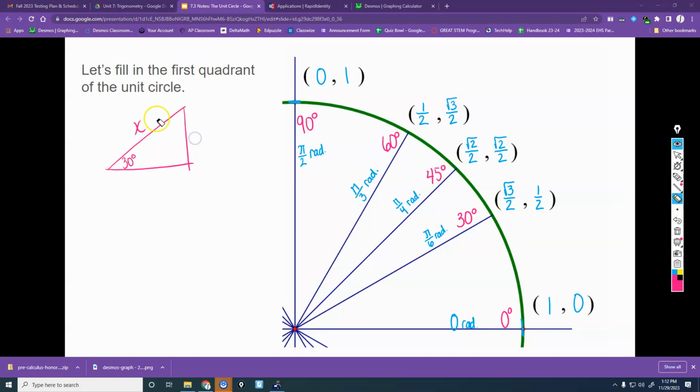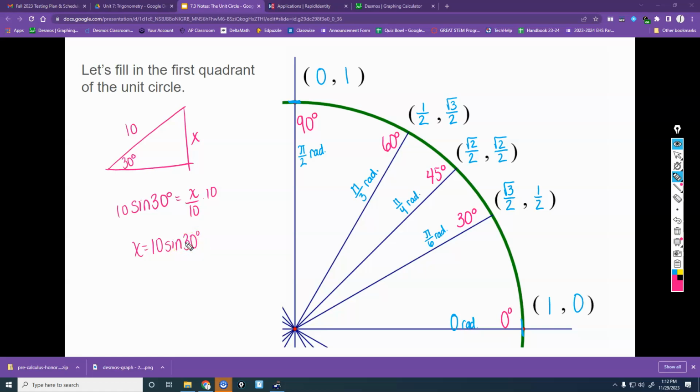This is X right here, and this is 10. If you don't have a calculator, you will set that up. Sine of 30 degrees is X over 10. And you'd multiply both sides by 10, and you would get X equals 10 sine 30.